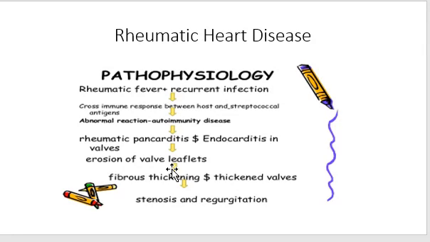But rheumatic fever is an autoimmune disease that occurs as a complication of untreated group A beta hemolytic streptococcal infection of the throat. Your symptoms of rheumatic fever range from mild to severe after a strep throat infection.